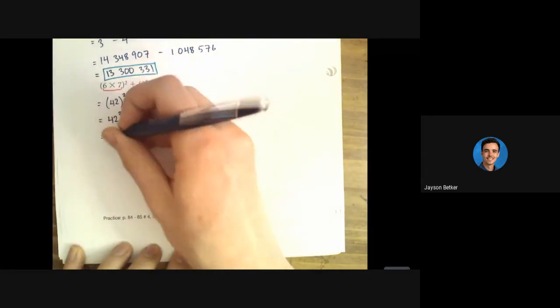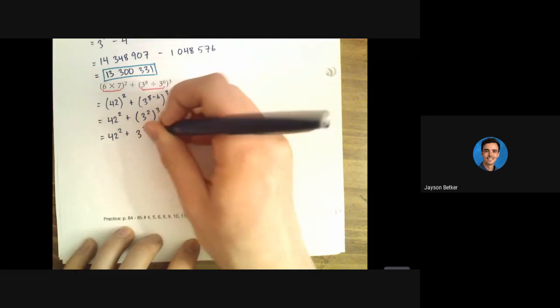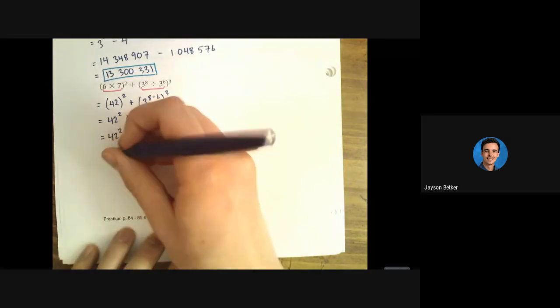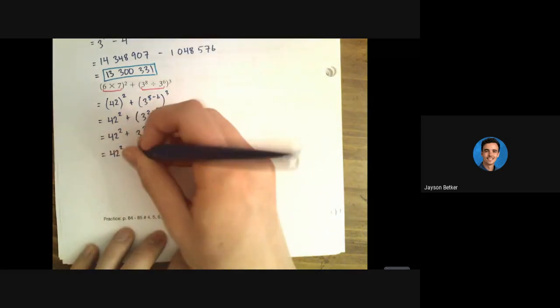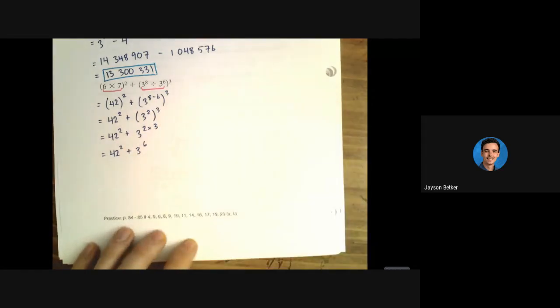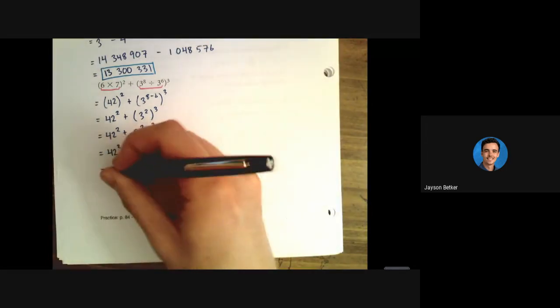So 42 to the 2, plus 3 to the 2, to the 3. That means it's 3 to the 2 times 3, that's 3 to the 6. And now we're at a place where we just plug it into our calculators.